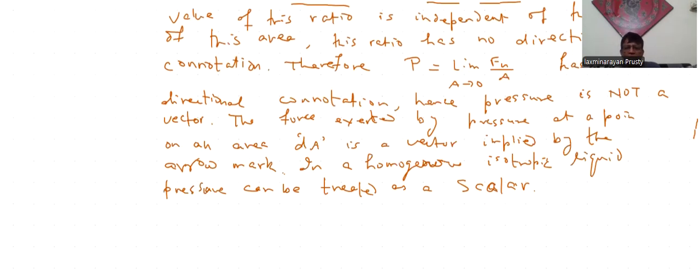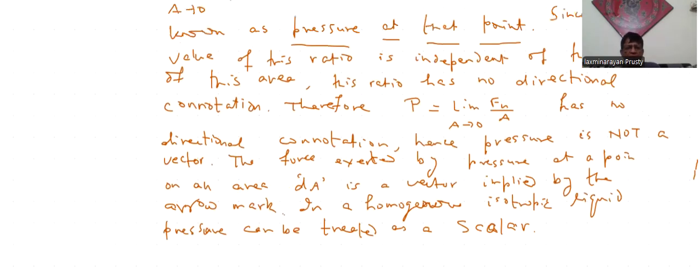So the force exerted by pressure at a point on a small area dA is a vector because it is normal to that area. Force is a vector. So the arrow mark which we saw, that is the force due to pressure. In a homogeneous isotropic liquid, pressure can be treated as a scalar only. Am I clear?